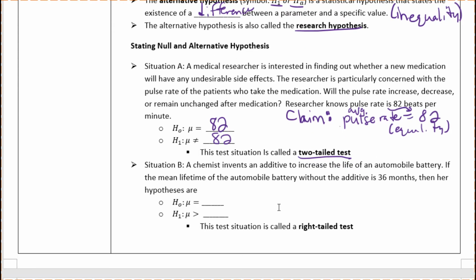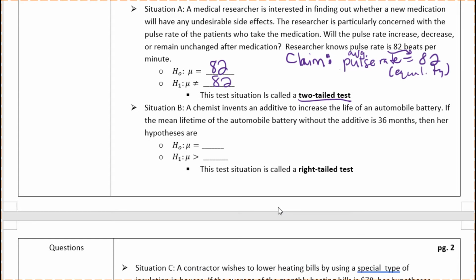For situation B, a chemist invents an additive to increase the life of a battery. If the mean lifetime of the battery without the additive is 36 months, then what are your hypothesis statements? So it says here that the mean lifetime of the battery without the additive is 36 months. So that's our claim, and that's a statement of equality.